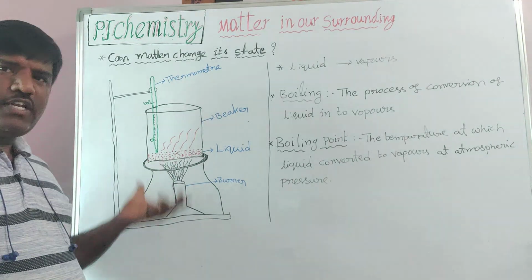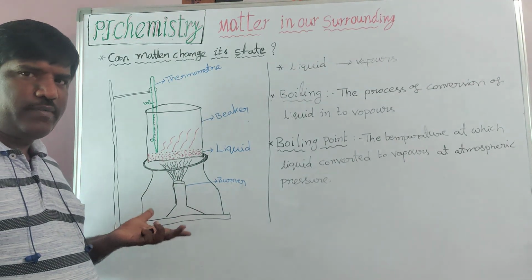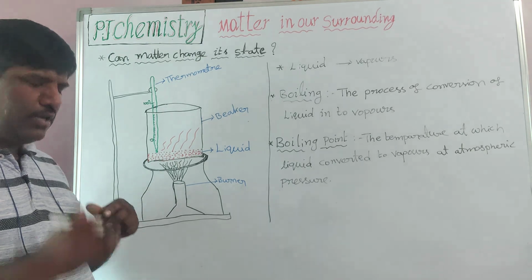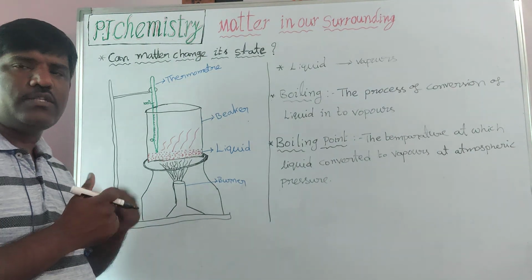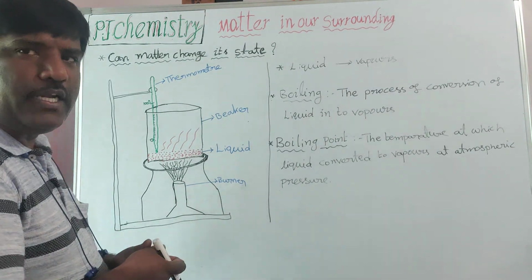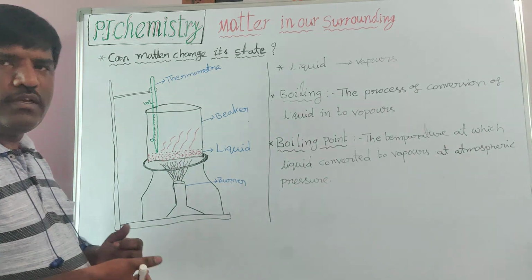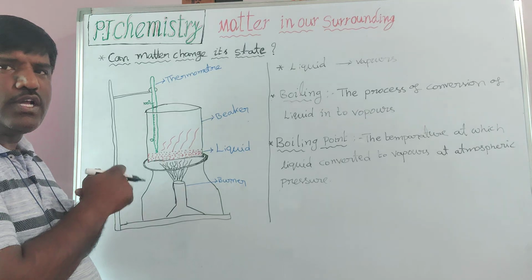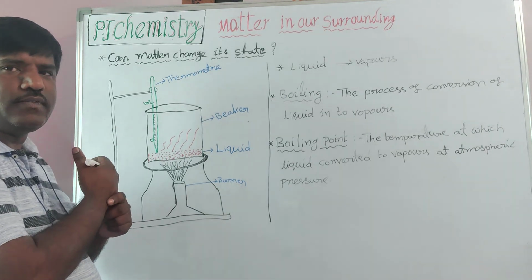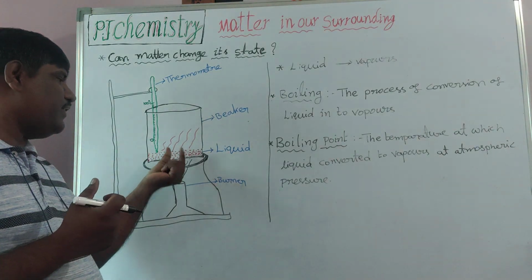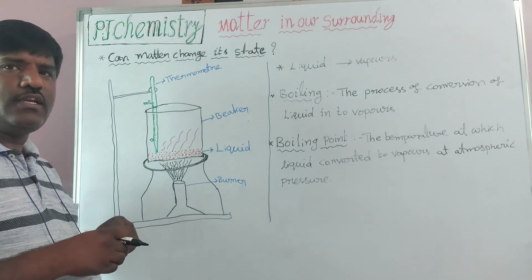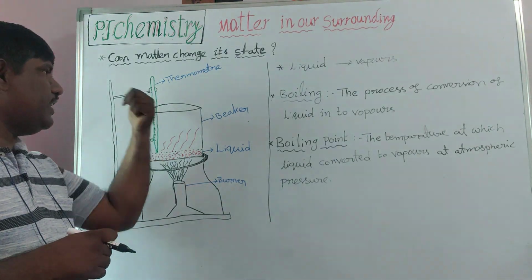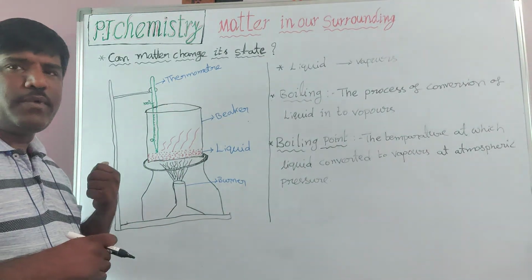Here initially we took water in the form of an ice cube. The ice cube converted to liquid at 0 degrees Celsius, which we call the melting point. Now we continuously gave heat, and the heat reached 100 degrees Celsius. But until every molecule reaches 100 degrees Celsius, you cannot notice any rise in temperature in the thermometer.